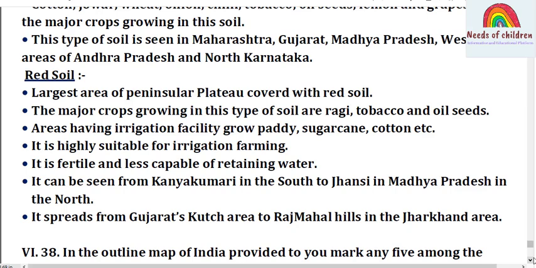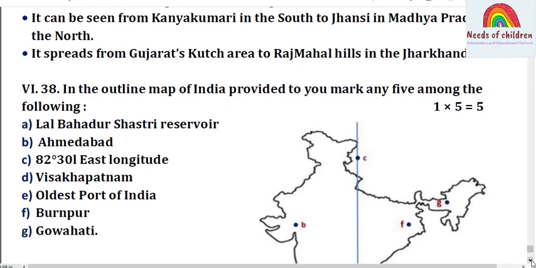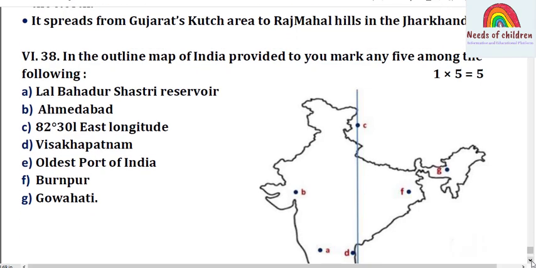It is fertile but less capable of retaining water. It can be seen from Kanyakumari in the south to Jhansi in Madhya Pradesh in the north. It spreads from Gujarat's Kutch area to Rajmahal Hills in the Jharkhand area. Okay, that's it about the 4-mark question.